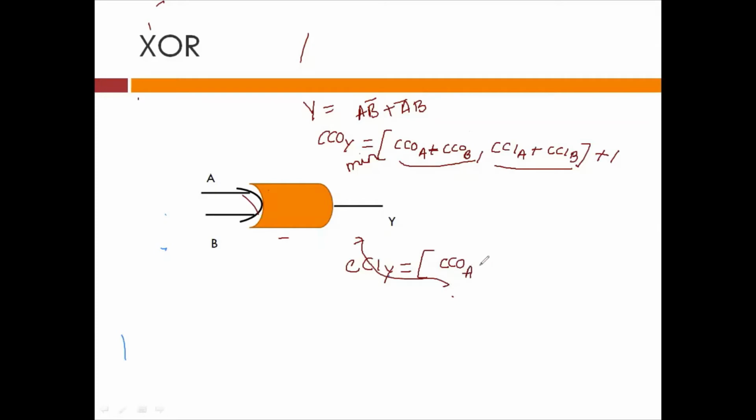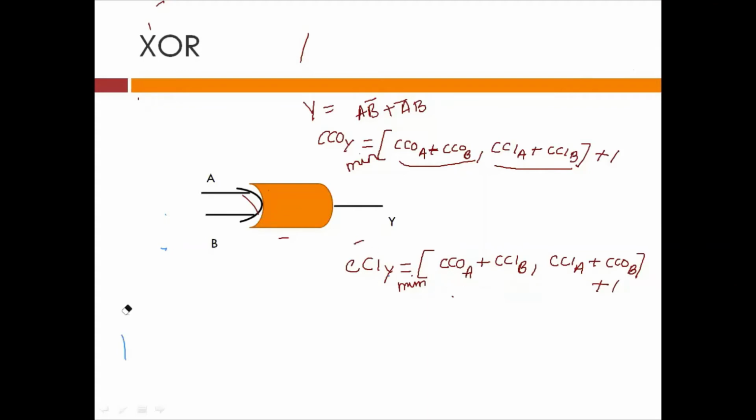So A bar plus your CC1 at B, or the other condition is CC1 at A, that is AB bar plus CC0 at B. So again, I take the minimum of the two and plus 1 as the default increase, and just erase these.